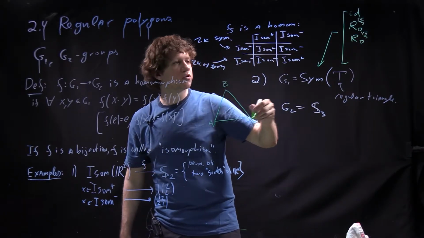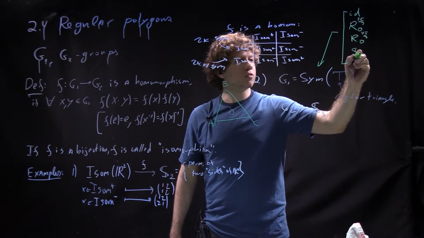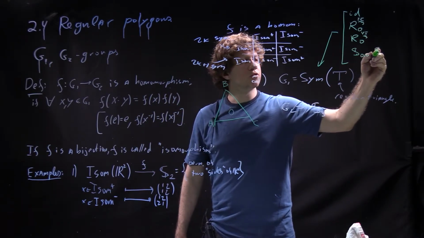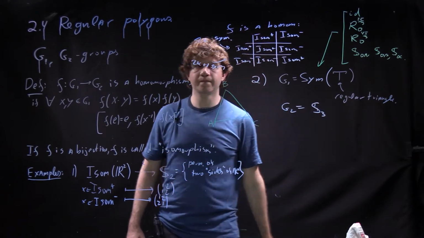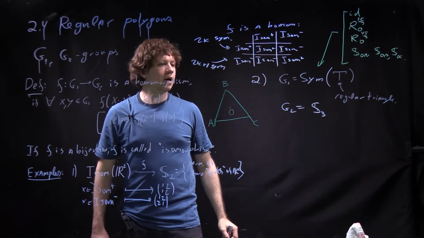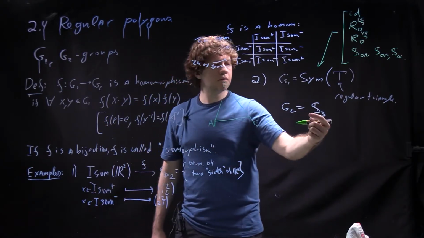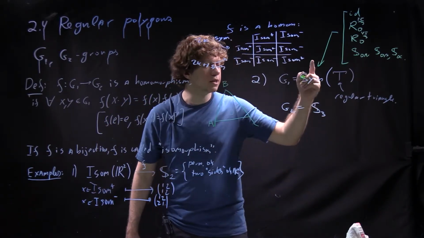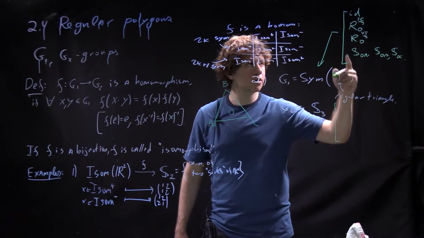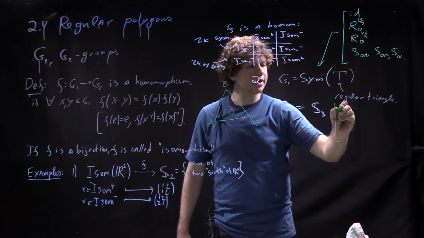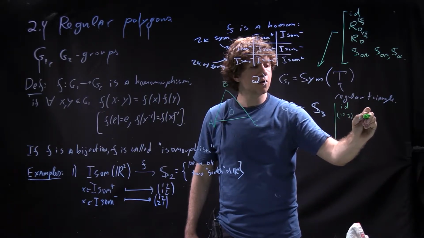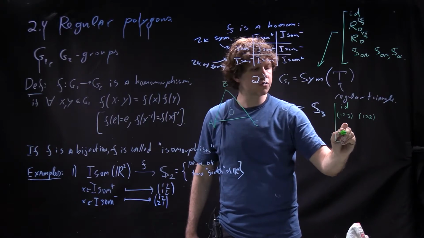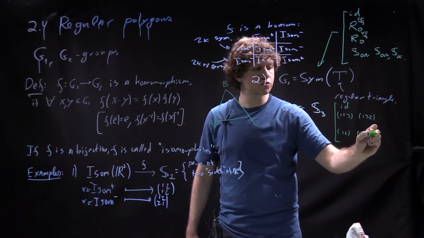Then 3 symmetries: symmetry with respect to line OA, symmetry with respect to line OB, and symmetry with respect to line OC. And then S3 also has elements which I will write down, related to that. I have an identity, a pair of cycles of size 3, and a triple of cycles of size 2.